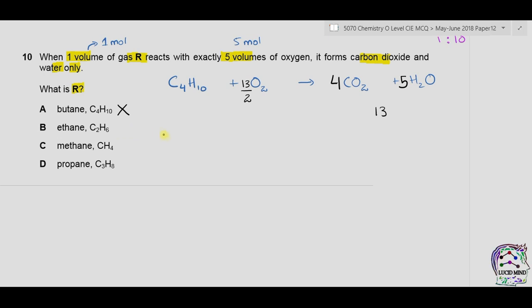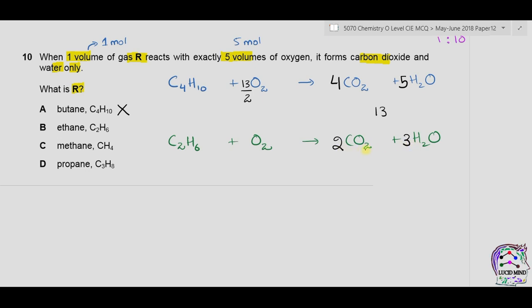In part B, we have ethane, C2H6. We have oxygen, it forms CO2 and H2O. Again, we can start balancing from carbon. We have 2 carbon atoms, so we can write 2 with CO2. Now we have 6 hydrogens, so we can write 3 with H2O to make it 6.